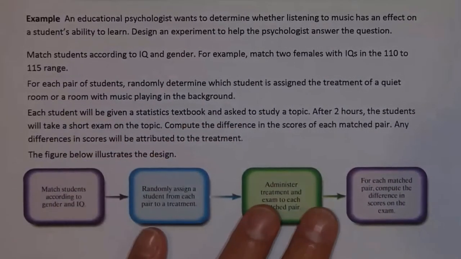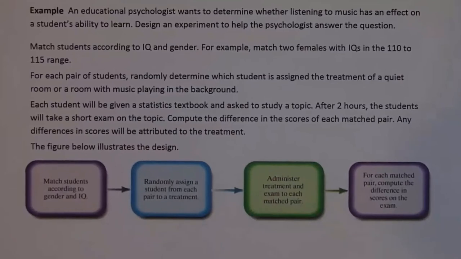I'm only giving you one example there, but I have 2 females with similar IQs, and I'm matching them up. Then I would have males with similar IQs, and I'm going to match them up. I'd have maybe 100 pairs of individuals, matched by IQ and gender.